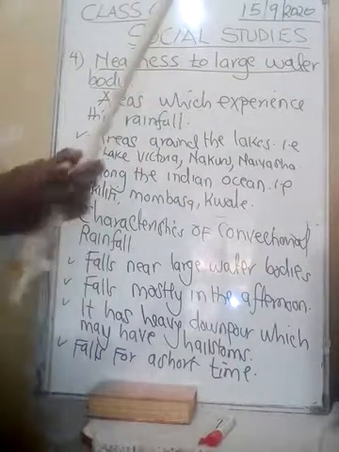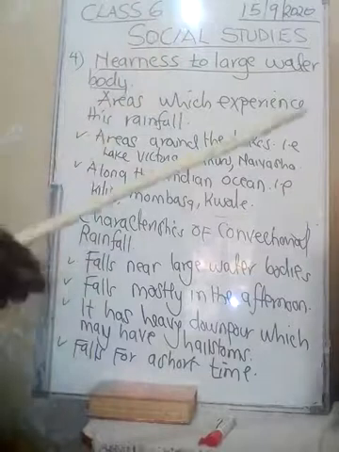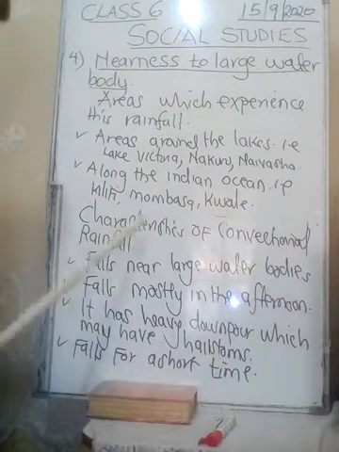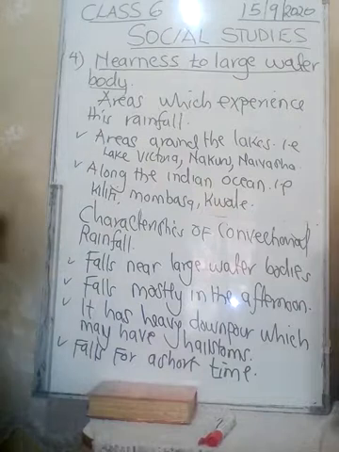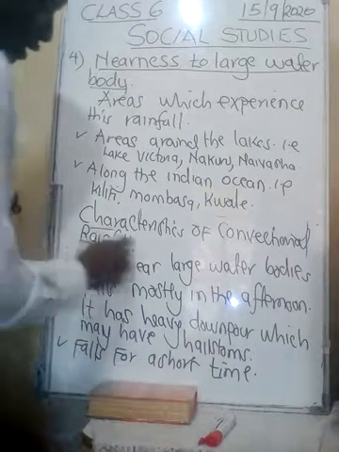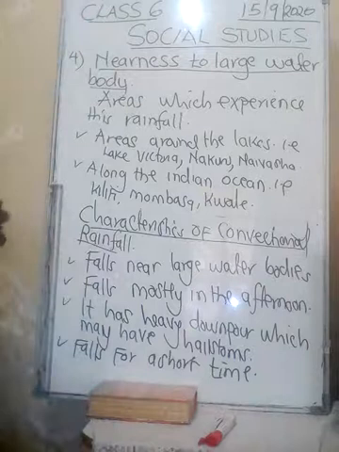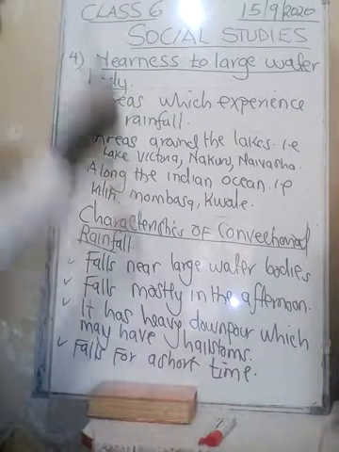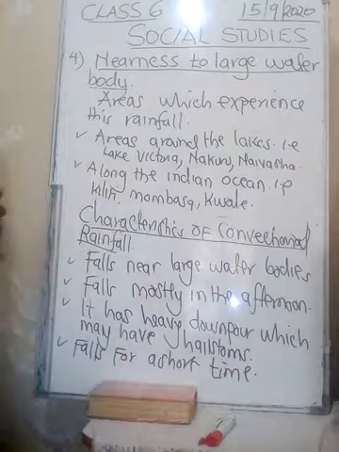So those are the areas majorly that experience this rainfall. So you must know the characteristics of that rainfall, which are being indicated here, and these are the characteristics and areas where this rainfall is experienced.